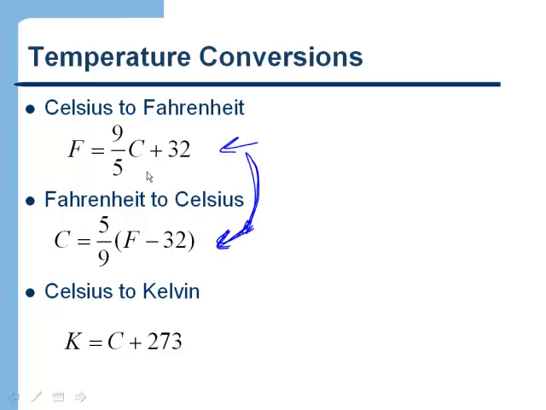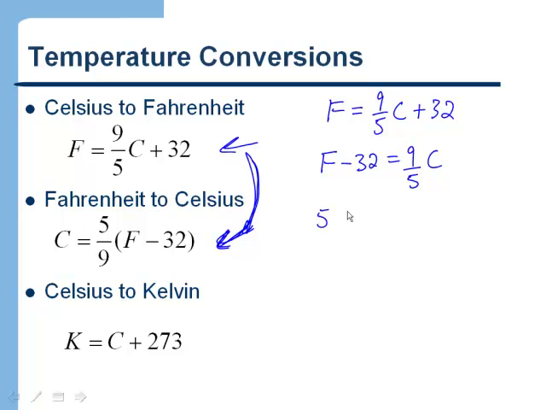In other words, if I want to solve for C, I have F is equal to 9/5 C plus 32. So as we know from our algebra review, the first thing I would do there is subtract 32 from both sides. So I'd get F minus 32 is equal to 9/5 times C. Now I would multiply both sides by 5 to get rid of that 5 on the right.